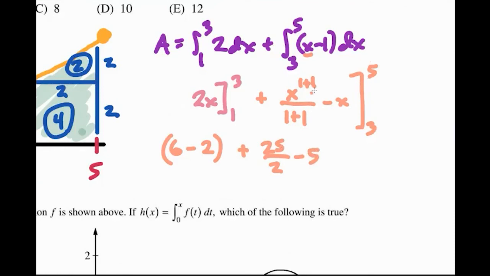That's the first part when you plug in a 5. Minus, then you plug a 3 in there, so it's 9 over 2, minus 3. You can see why this is way more complicated than what we did before. And you would get 8 minus 5, 3 minus 3, no, plus 3, plus 4 is 10, yeah.